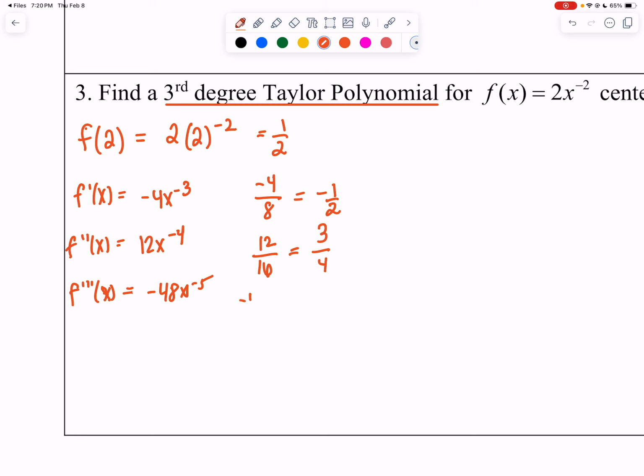Then I have negative 48 over 32. Let's try 8. Okay, not 8. Let's try 16. So this would be negative 3/2.